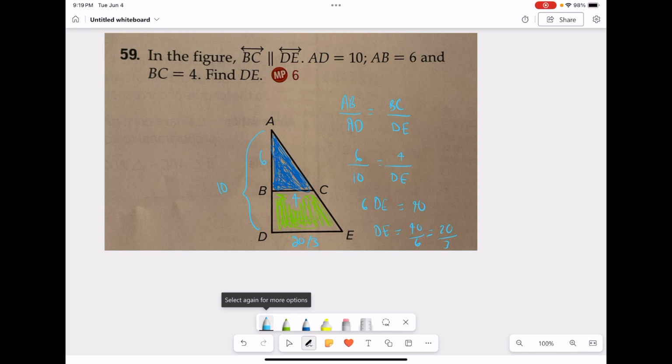Use regular proportions. We don't use mid-segment because, first of all, BC is not the mid-segment. We already established that because AB is 6 and BD, or DB, doesn't matter, is 4. So this is 4 here. So BC is obviously not the mid-segment.